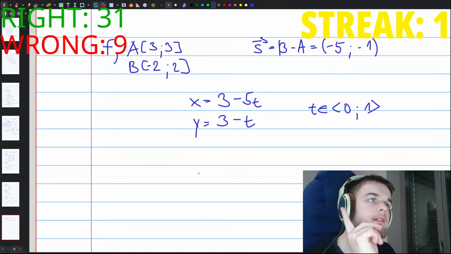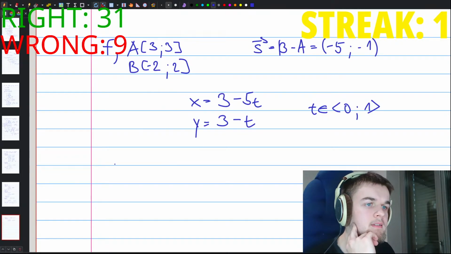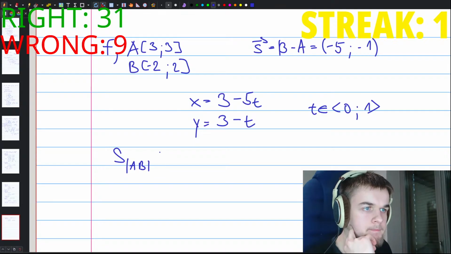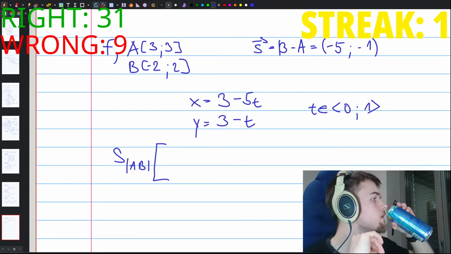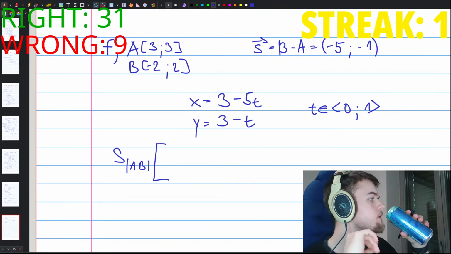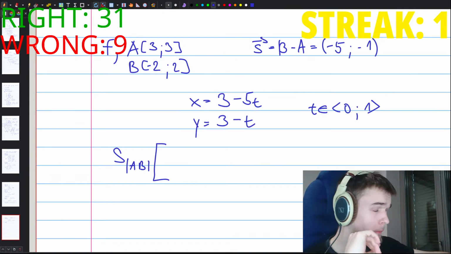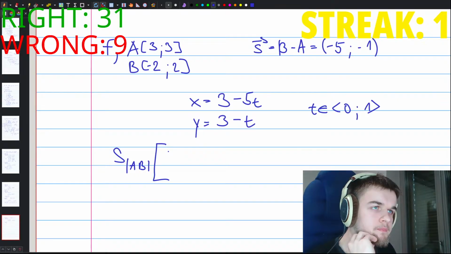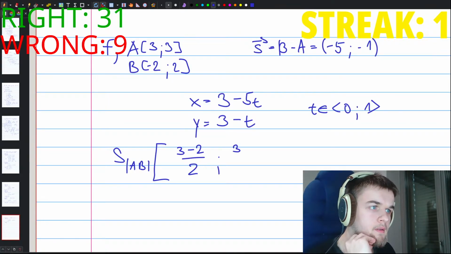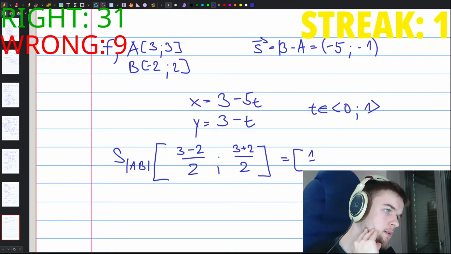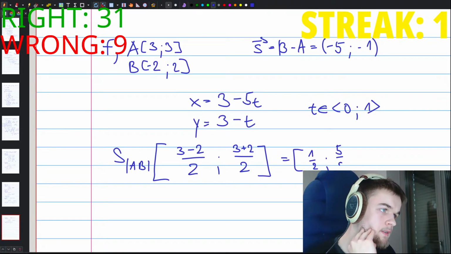And yeah, the center point is 3 minus 2 over 2 and 3 plus 2 over 2, which yields 3 minus 2 is 1, so we get 1/2, and then we have 5 halves, otherwise known as 2.5.